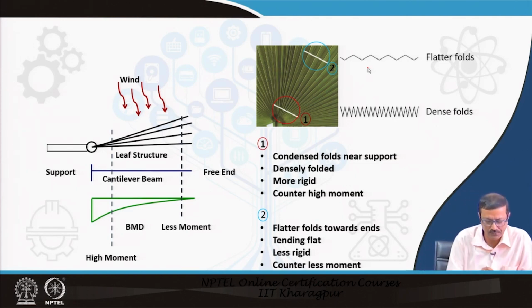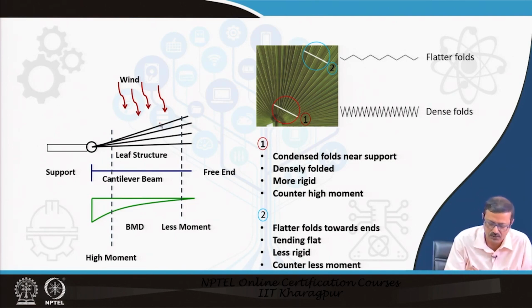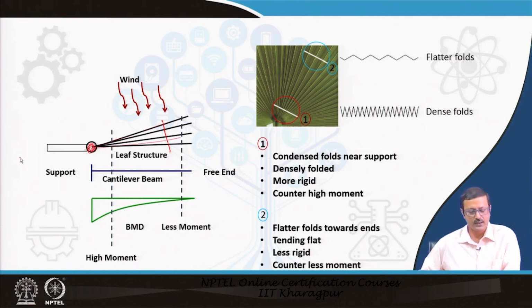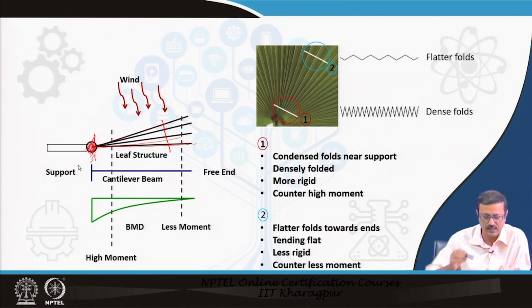Now, I have drawn a schematic diagram where those lines represent the folds, and this is the point where the leaves are attached to the stem. This has a cantilever action, and this is the free span of the cantilever beam, with the junction imagined as a support.